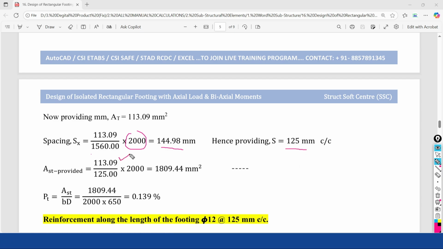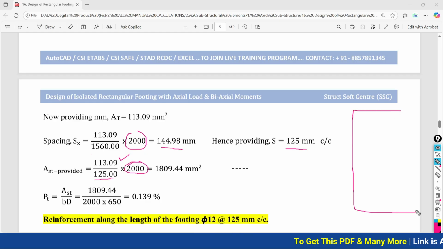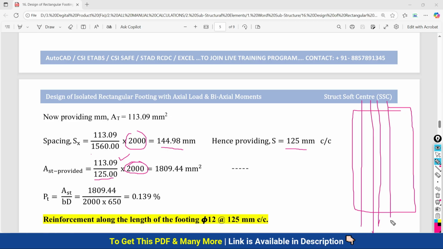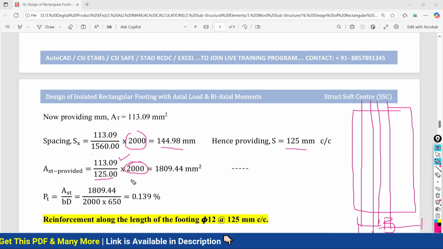Now unit area divided by provided spacing, the length over which the reinforcement is going to be distributed. Now at this time we are doing the calculation along the length, but the reinforcement is going to be distributed over the width. So we will put here as width.